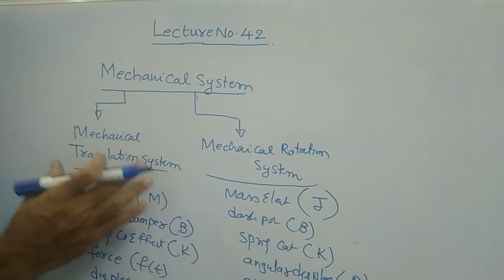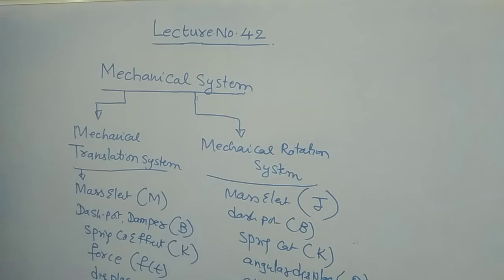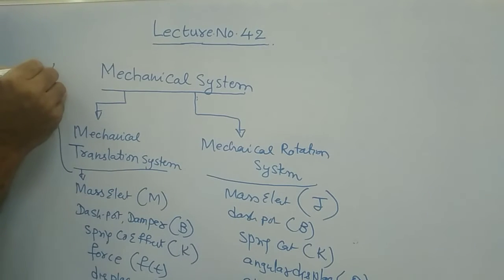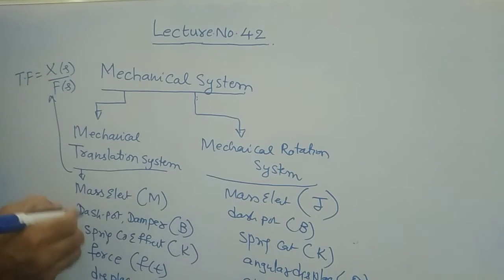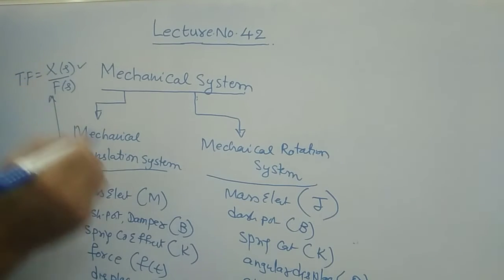If you recall our previous presentations, you can easily identify that the transfer function for this mechanical translational system is nothing but, what is the output? X of s by F of s, because you consider x of t as displacement.